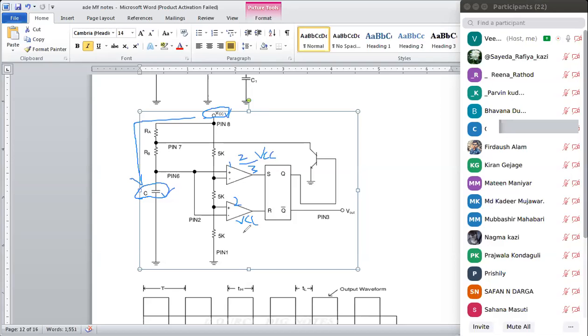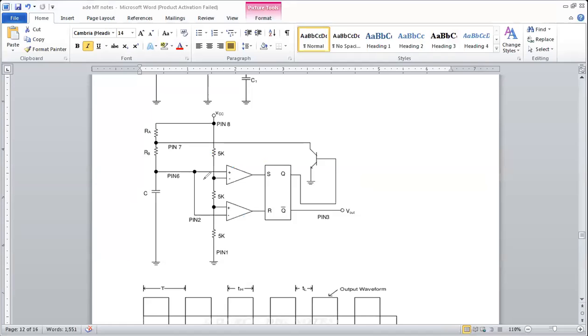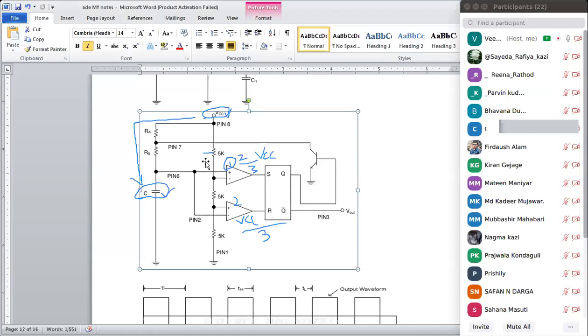VCC by 3. Now this VCC is first given to this first comparator, and it is being divided here.